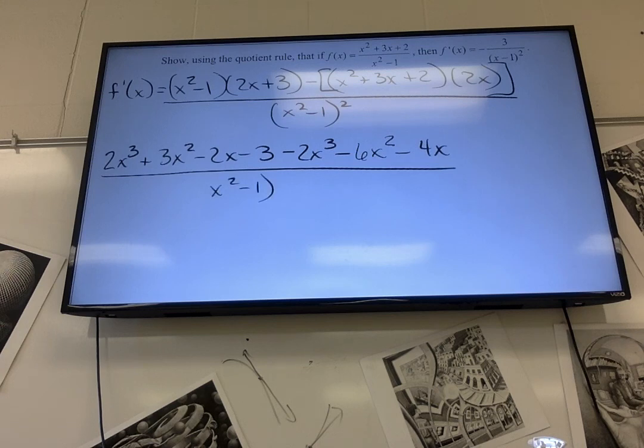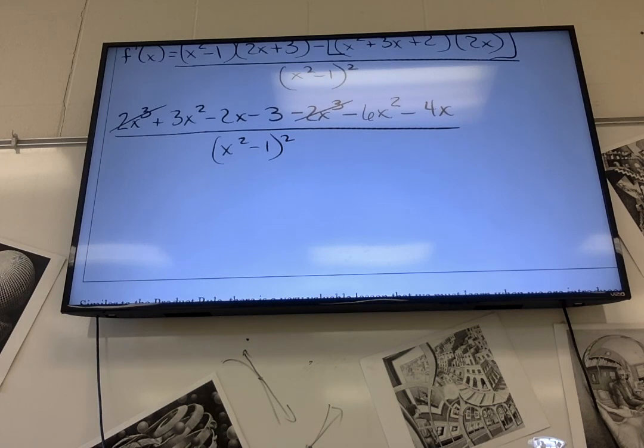I put two steps all together, so see me messing up there. Please feel free to correct me. Alrighty, the 2x cubes will cancel. And that's it.